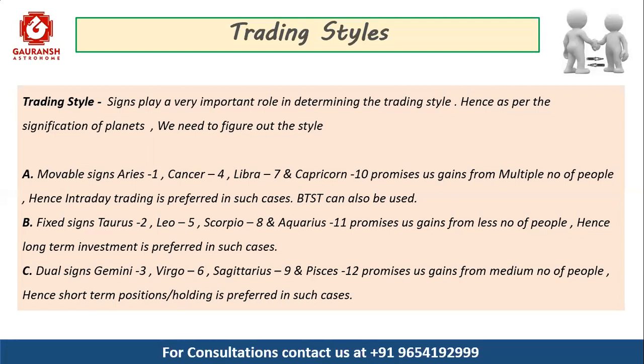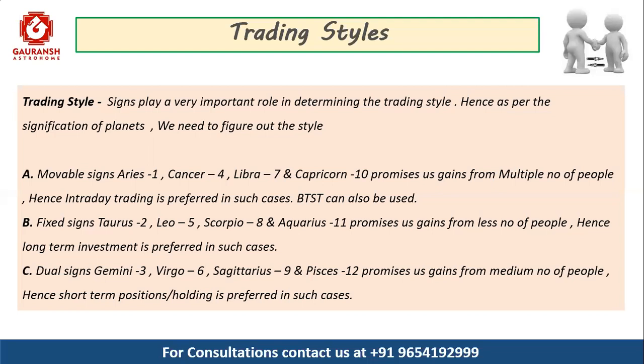Again, what we have to see is, if the planet falls under the first 15 degrees in these signs, then it is more inclined towards acting as a fixed sign, wherein the activity should be kept low.